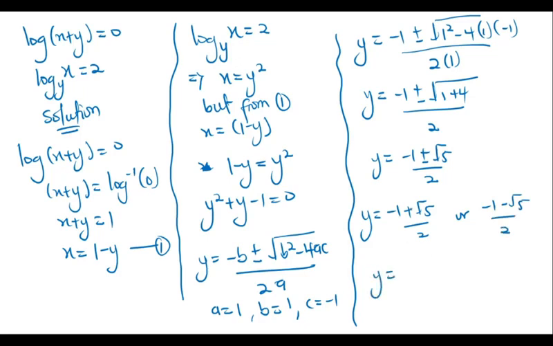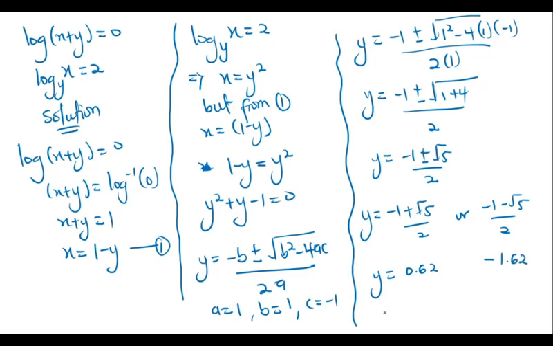So if we put this into the calculator, we are going to get the values of y. If we have negative 1 plus root 5 on 2 and punch that into the calculator, we are going to get 0.62. And if we have negative 1 minus root 5 all over 2, we are going to get negative 1.62.